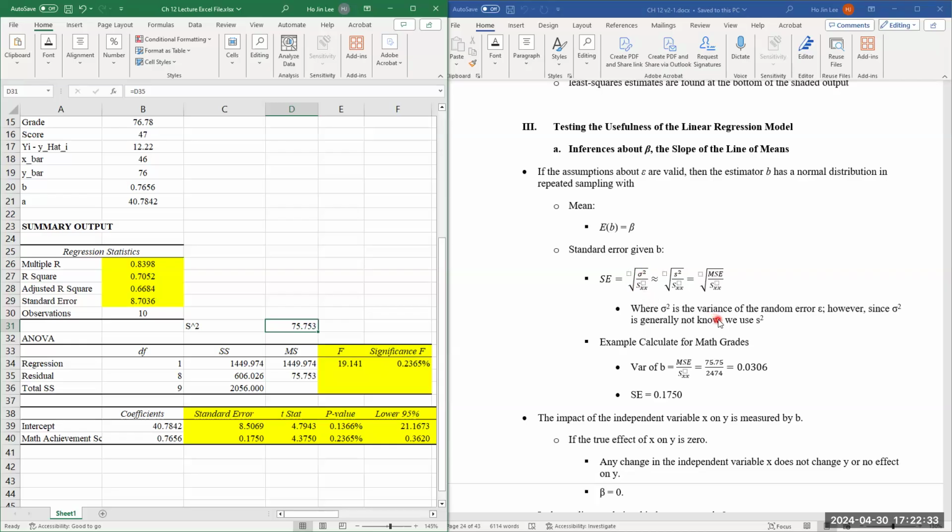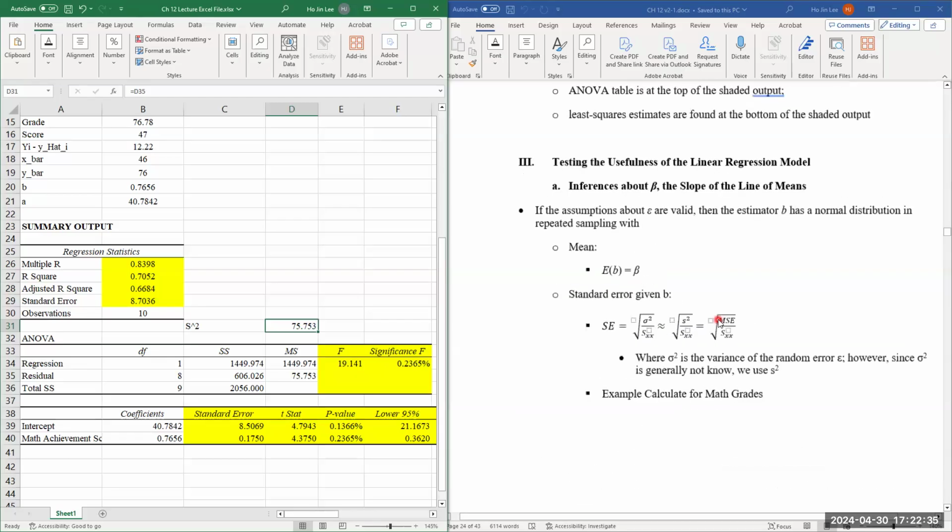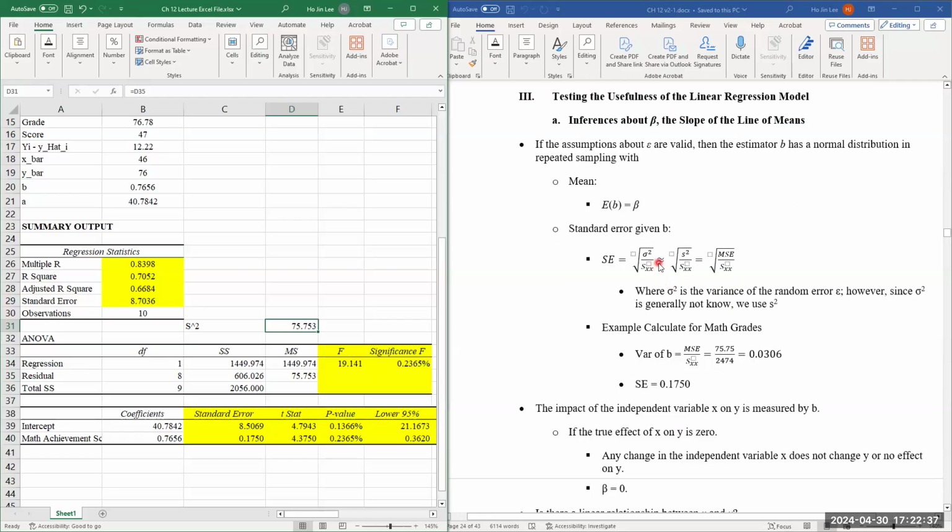Let me scroll up a little. And that is equivalent to the estimated sample variance that we just estimated divided by SXX, which is equal to the mean squared error divided by SXX.